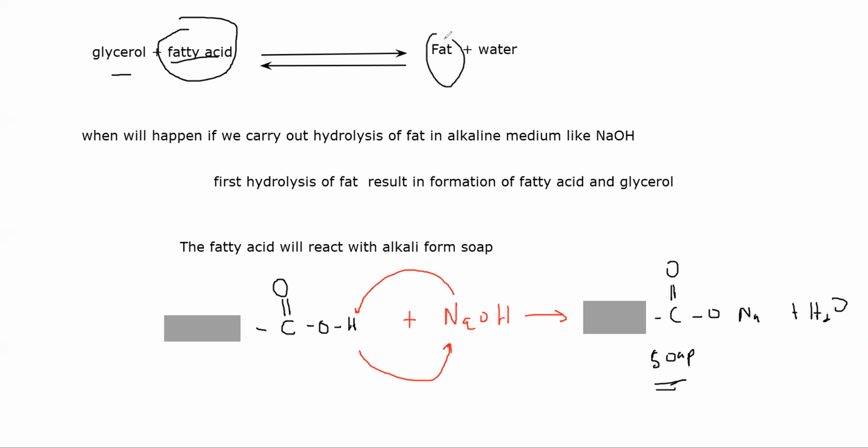So fat molecules are hydrolyzed to produce fatty acid. Then this fatty acid is reacted with sodium hydroxide or any alkali. This will result in the formation of soap. Is it clear? So you have to know that hydrolysis of fat results in the formation of soap molecules.